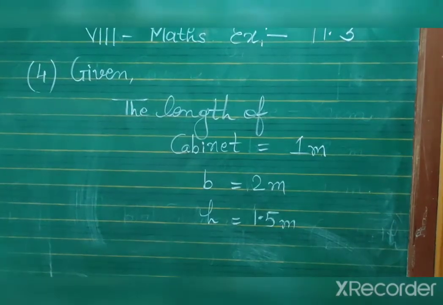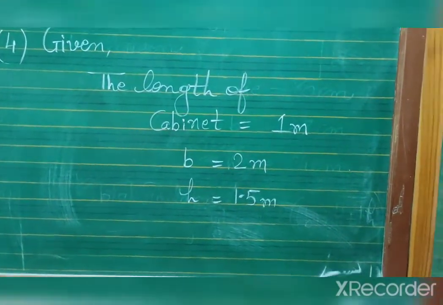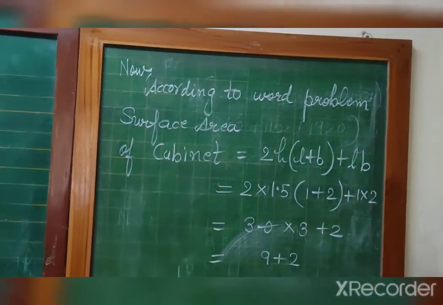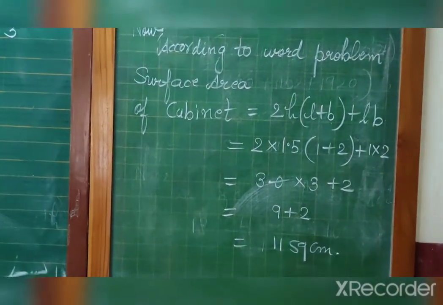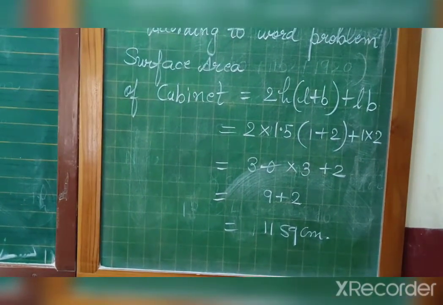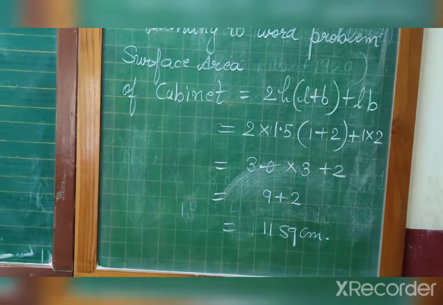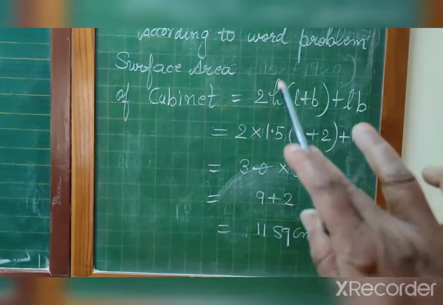Now see in the fourth question, the length of cabinet is 1 meter, breadth is 2 meter, height is 1.5 meter. After that we will write, according to the word problem, surface area of cabinet: 4 lateral surfaces, but it is written clearly except bottom. Top also we have to calculate. So for top, length into breadth, and this is the lateral surface.